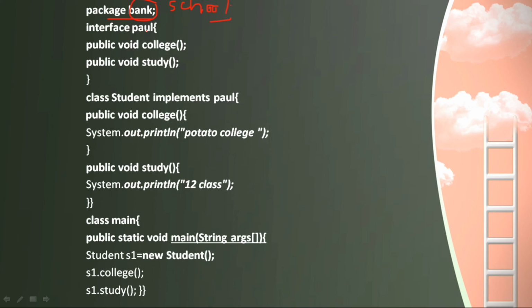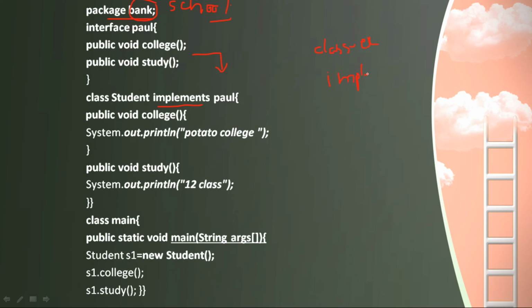I took an interface named Paul, and in that interface I created two methods named college and study. This interface is inherited, that means the data is accessed in another class named Student by using the implements keyword. Classes are inherited by using the extends keyword, while interfaces are inherited by using the implements keyword.